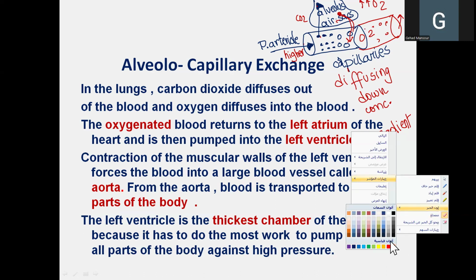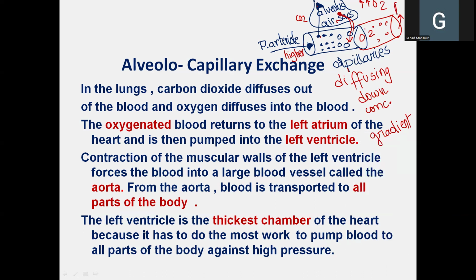So we will find here that we have pulmonary veins, and these are the four pulmonary veins that return to the left atrium. So in the lungs, carbon dioxide diffuses out of the blood and oxygen diffuses into the blood.